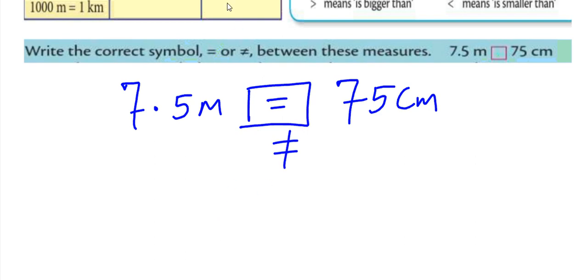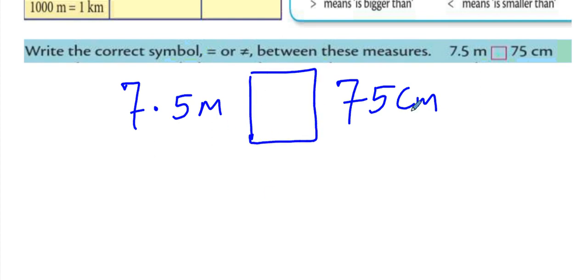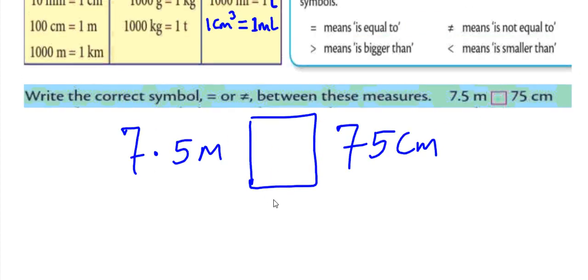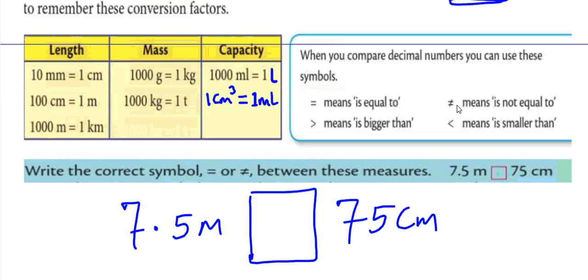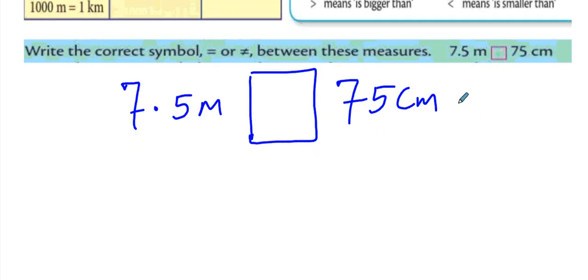Now that needs working. What is the working we are looking for from here? You should remember this concept: when you order decimal measures, you must make sure that they are all in the same units. Only in the same units can you make a judgment. You can see centimeter and you can see meter. What is the conversion factor?